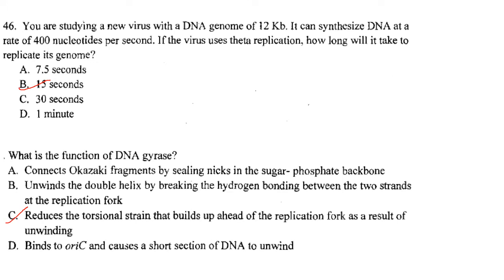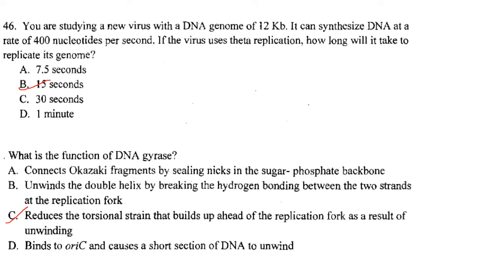The next one. You are studying a new virus with a DNA genome of 12 kb. It can synthesize DNA at a rate of 400 nucleotides per second. If the virus uses theta replication, how long will it take to replicate its genome? So theta is bidirectional replication. Given 400 nucleotides per second. Since bidirectional, it can add 800 nucleotides per second.